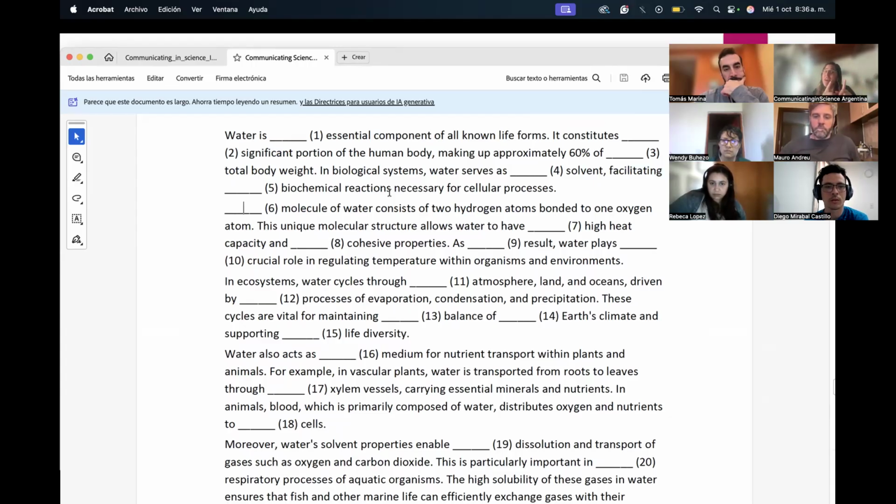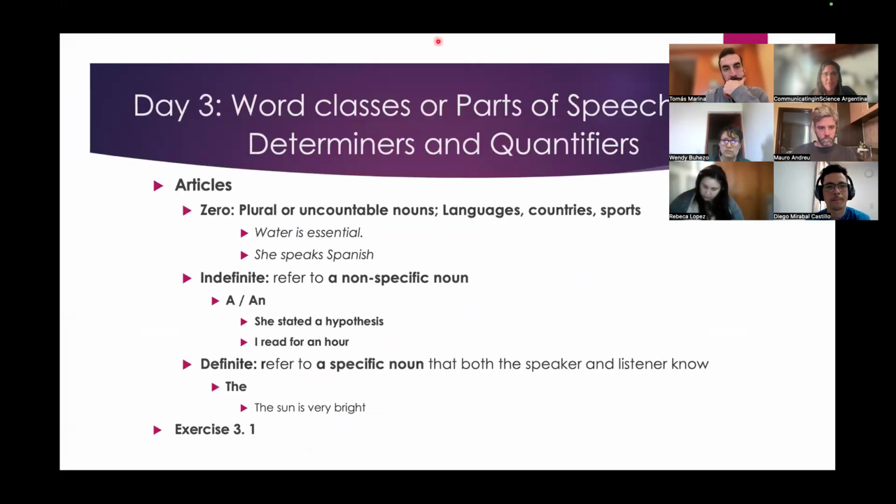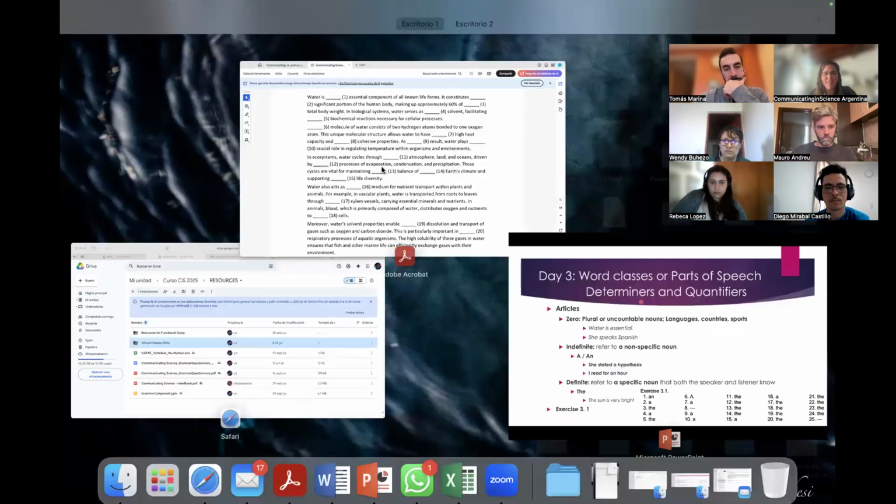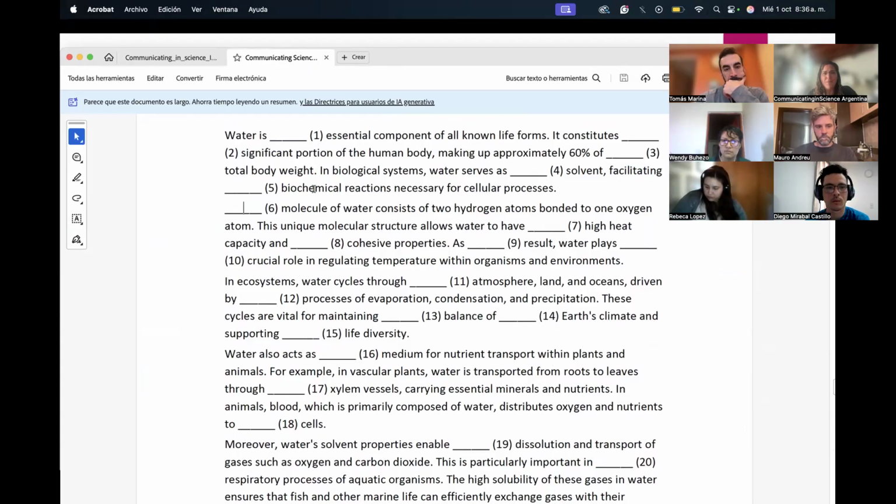It's the biochemical reactions necessary for cellular processes. Those particular ones. Because I'm not talking about just any biochemical reaction in the world. I'm talking about a particular group of biochemical reactions. Specific, yes.